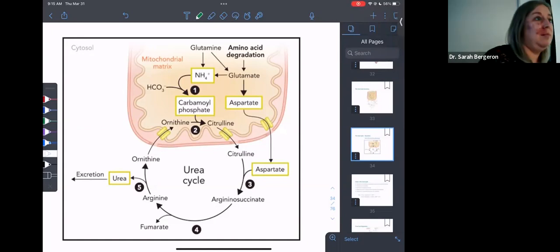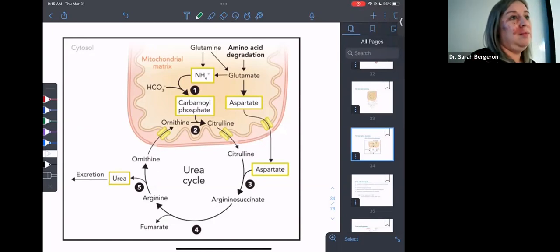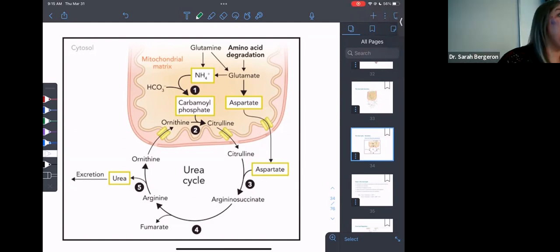So it really doesn't have anything to do with the 2 Pi. The 2 Pi is for, if you make pyrophosphate, what is the metabolic goal? Why is it a good thing when you're cleaving ATP in order to make pyrophosphate?